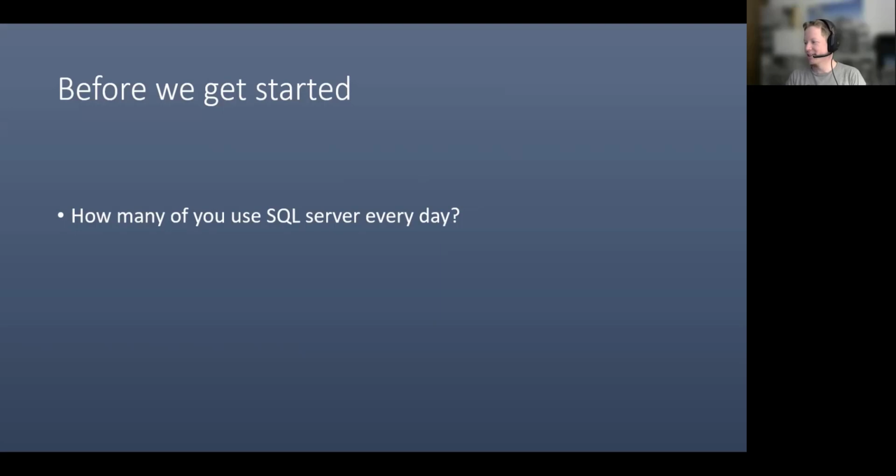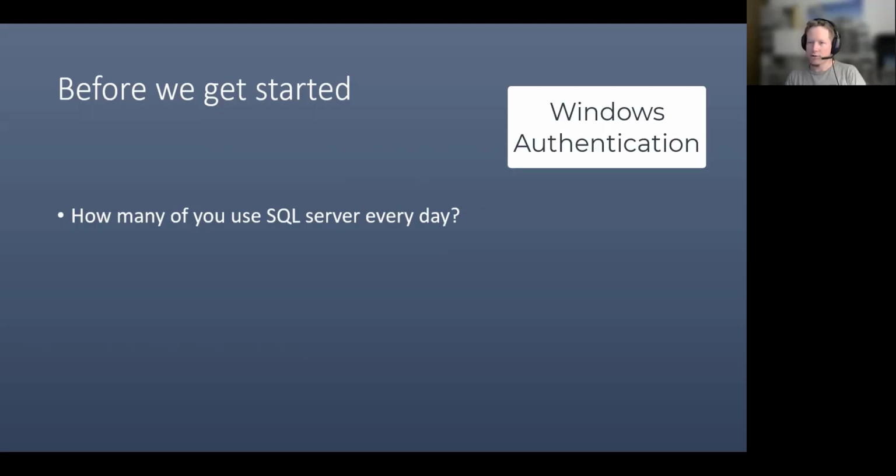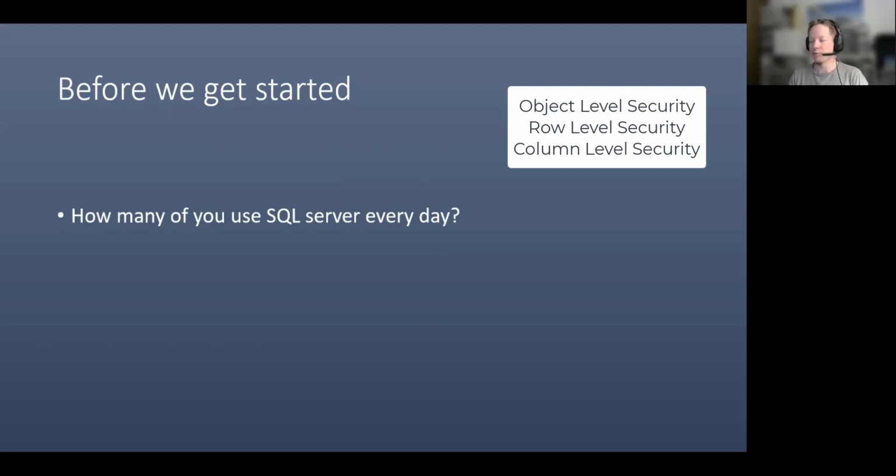With that in mind, the focus for today is how we set up permissions for users connecting to SQL Server with Windows Authentication, Active Directory, and user groups. Once we have that connection, we're going to focus on custom database roles, but I'm also going to talk about object level security, column level security, and row level security when we want to get really complex with how we want our permissions set up.